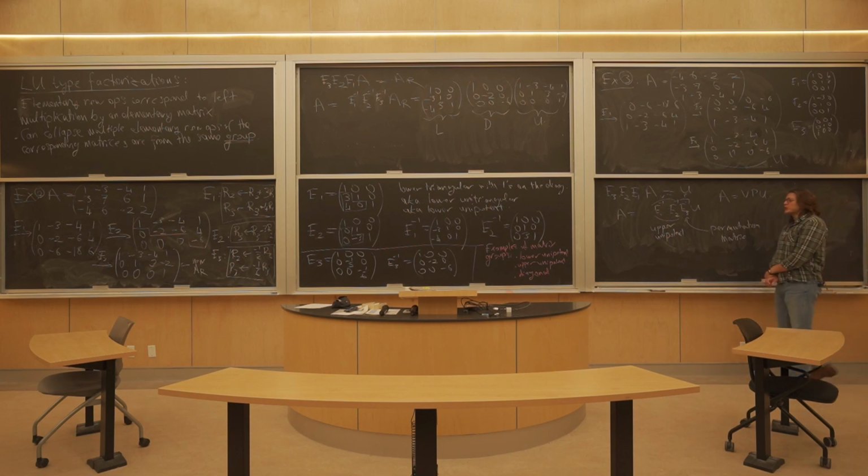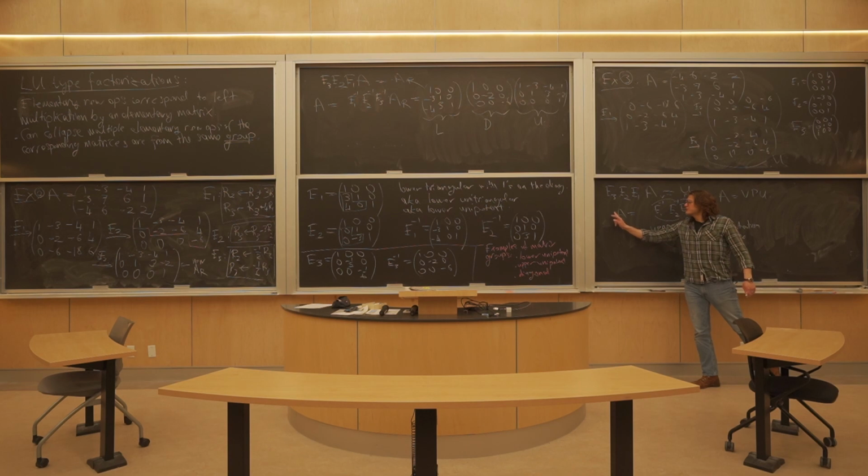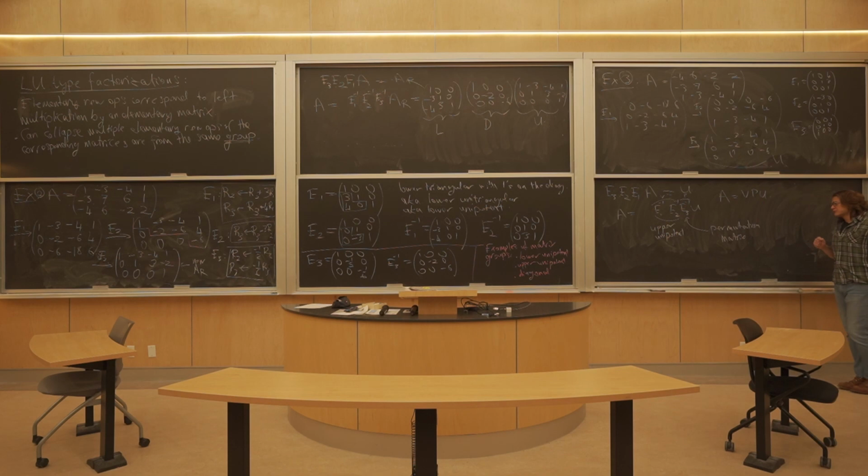And what people like doing is to do the permutation first. Instead, it is more popular to use A equals P L U. It turns out that there is indeed a way to do this.